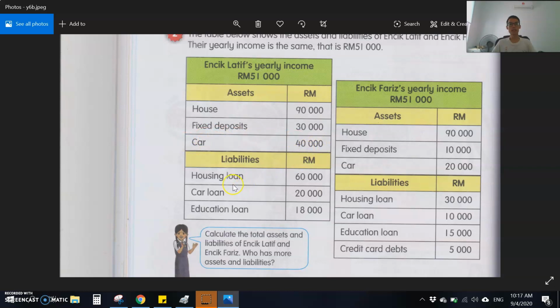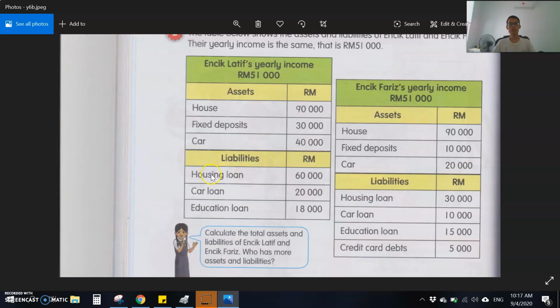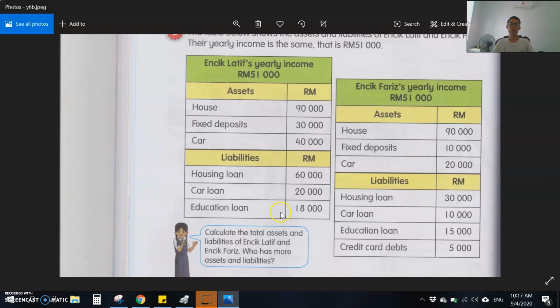Liability dia housing loan, hutang rumah 60,000, hutang kereta 20,000, hutang pendidikan, education loan. Contohnya dia pinjam duit untuk belajar di universiti, PTPTN nama dia. So hutang loan pendidikan 18,000. Okay, ini Encik Latif punya.